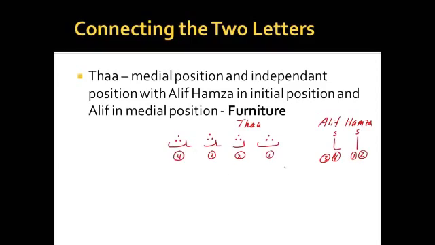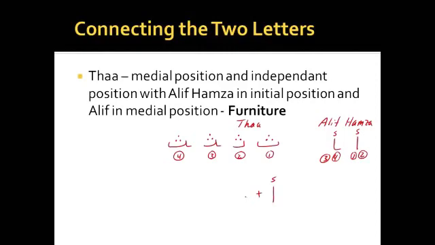Now, we want to write the word athath, meaning furniture. So we notice here that you hear that athath. That sound is actually the alif hamza. So we have to write that first. Alif hamza. Now, our next letter is going to be, listen carefully again to the word, athath.